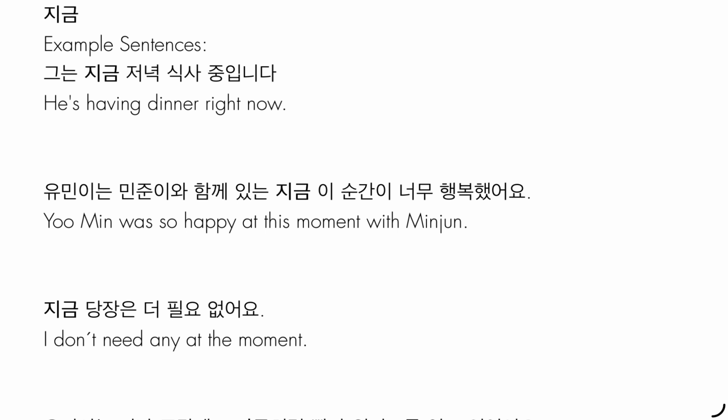I feel like the Korean sentence is unnecessarily complicated. 유민이는 민지와 민준이와 함께 있는 지금 이 순간이 너무 행복했어요. So, at this moment with Minjun is the part that I guess would be that whole thing, like that whole moment. 민준이와 함께 있는 지금 이 순간.